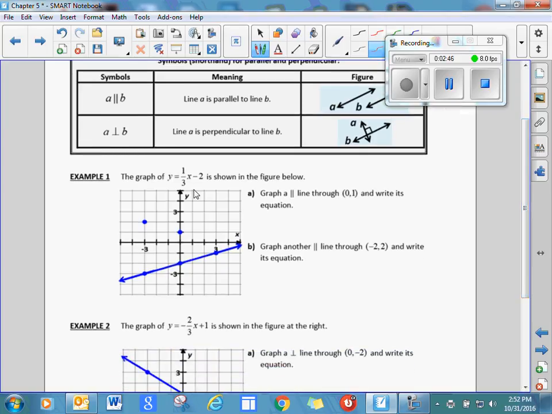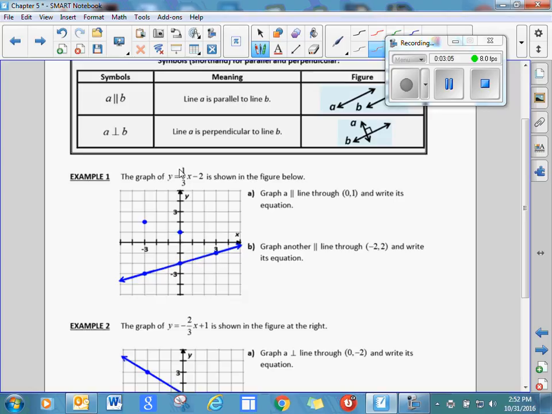So we've got this equation, this blue line right here, and it's given to us in slope-intercept form. So we know the slope is 1/3, the rise over the run. We know it intercepts the y-axis at -2, which this picture shows.